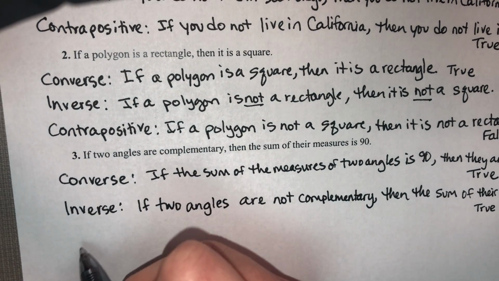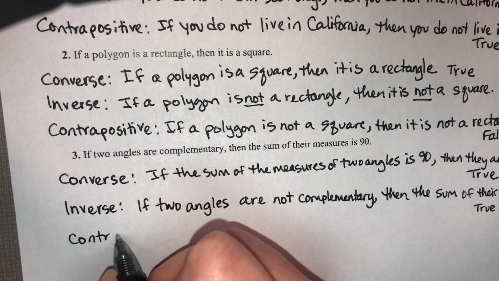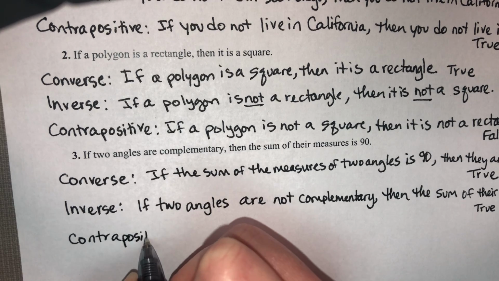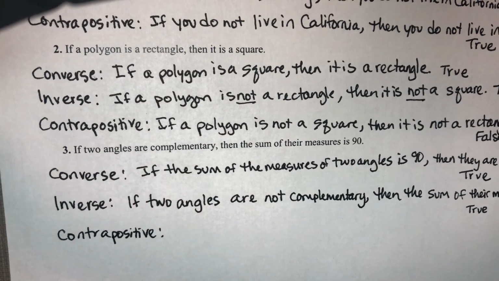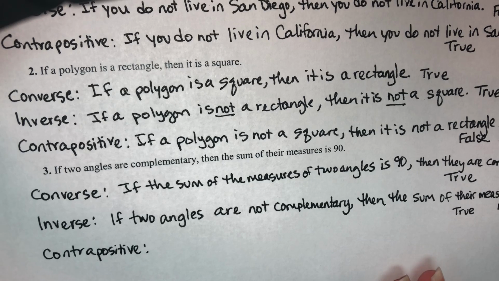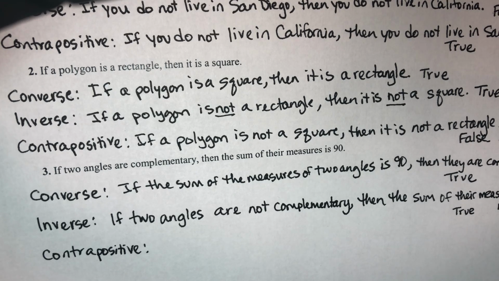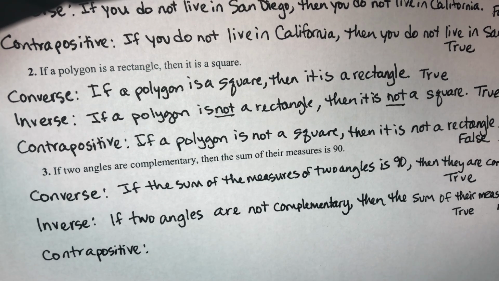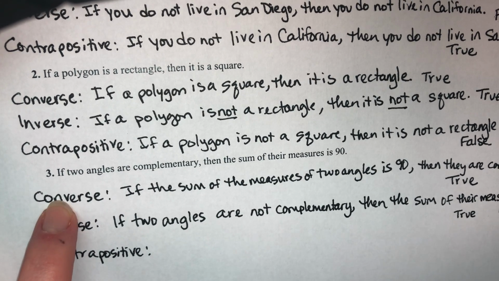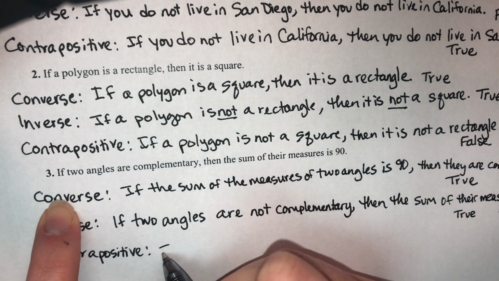Now let's talk about the contrapositive. The contrapositive says, if a polygon is not, I jumped up here to the number 2, I apologize. So the contrapositive is where we start with our converse statement and then we add the word not in twice to that one.